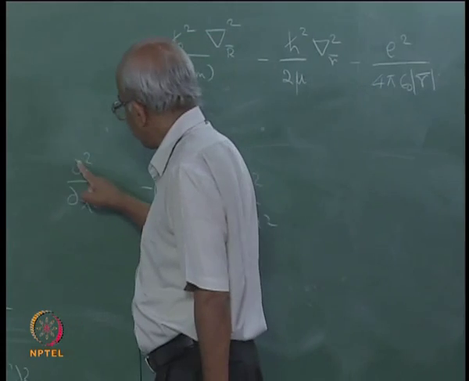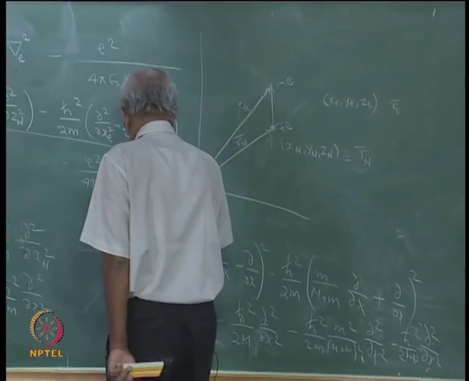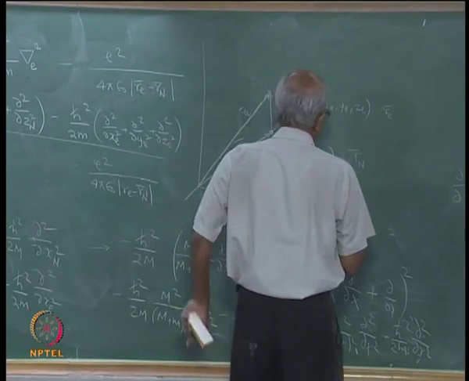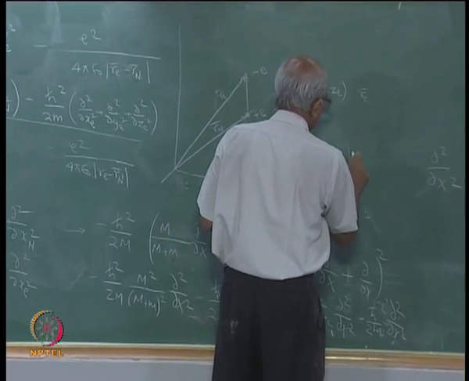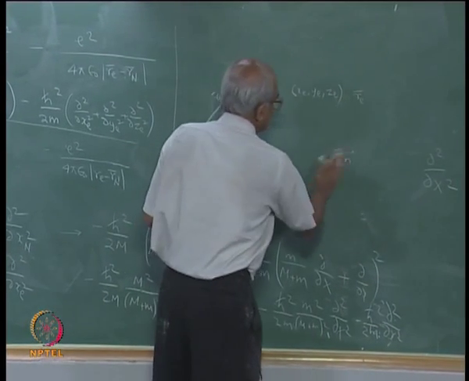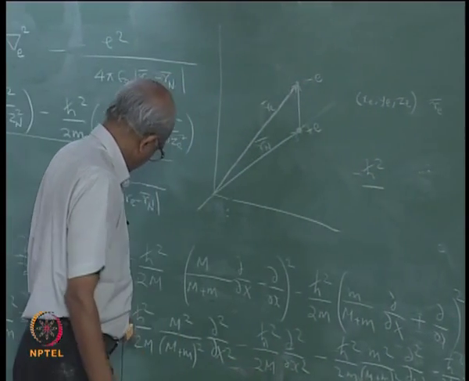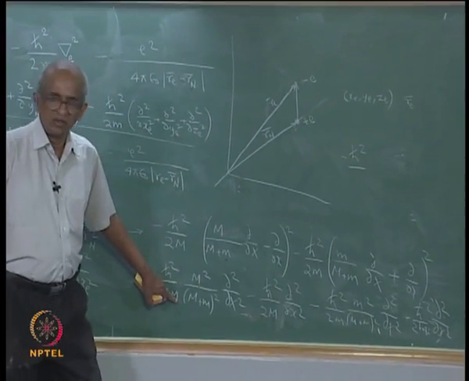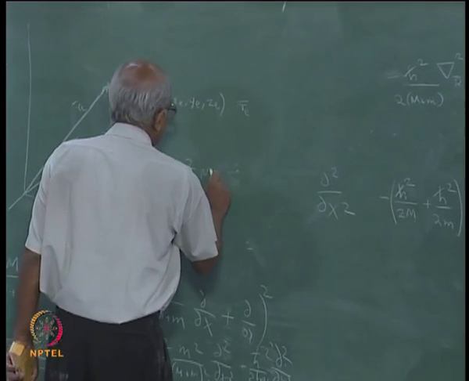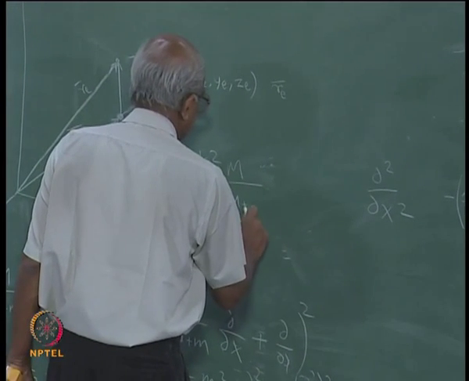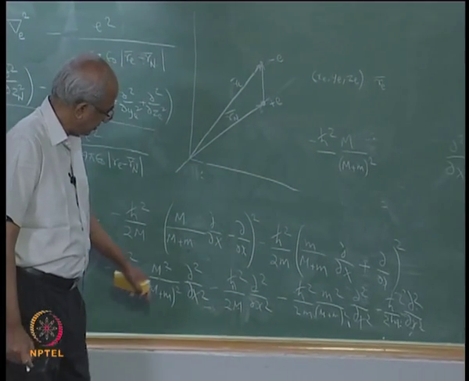And what are the terms involving ∂² upon ∂X²? The first term is this one, and that you can look at it, it is actually equal to minus ħ² divided by 2M is there, but there is an m² in the numerator. So, you are going to get M divided by (M + m) the whole square. That is the first term. What about the second term?